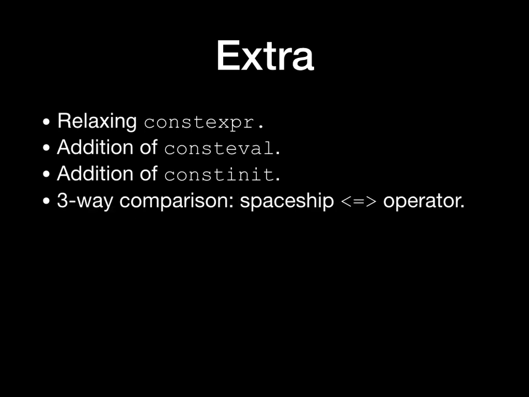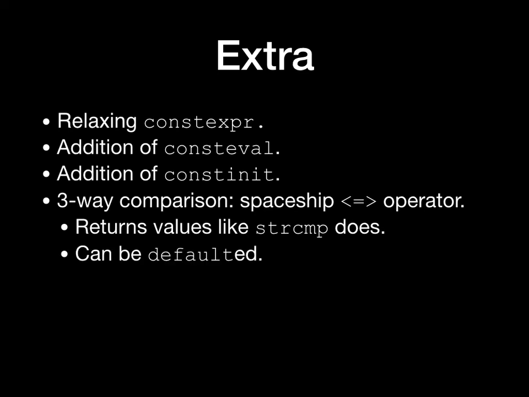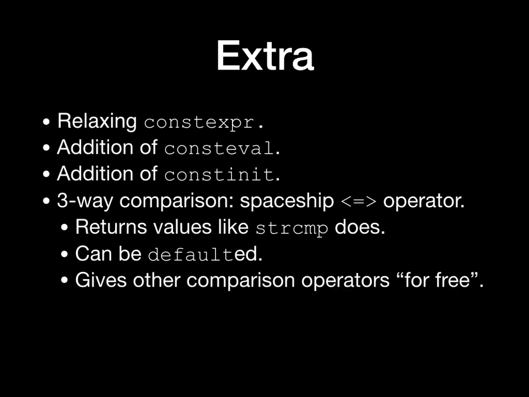The spaceship operator, which you may know from Perl or Ruby, was added, which allows three-way comparison. So its return value is like the one of strcmp: lower than, equals, or greater than. It can be defaulted if you're writing a plain old C++ class, and it gives you the other comparison operators for free.